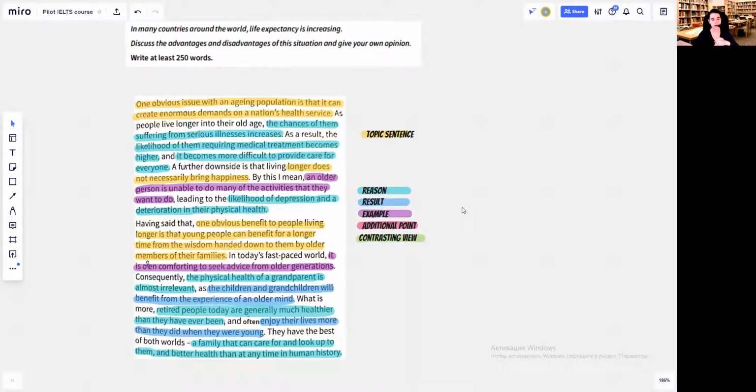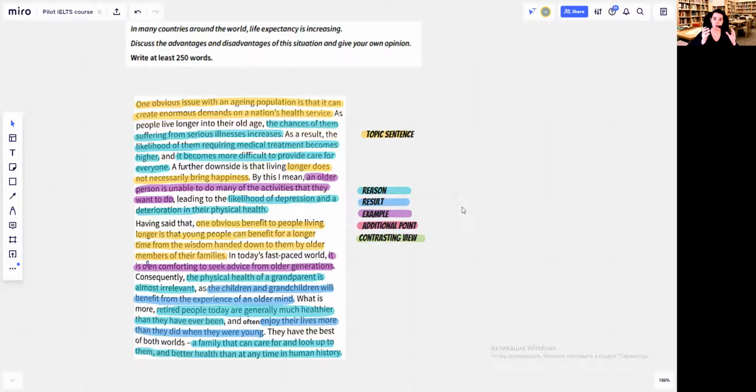And in my opinion, there are 2 main topic sentences, so 2 main answers to the question, what are the disadvantages of life expectancy increasing? The author basically says that one issue with an aging population is it can create enormous demands on a nation's health service. And another downside is that living longer does not necessarily bring happiness.